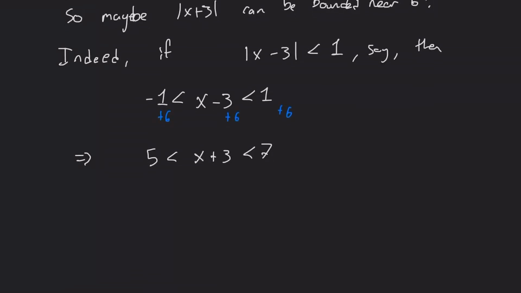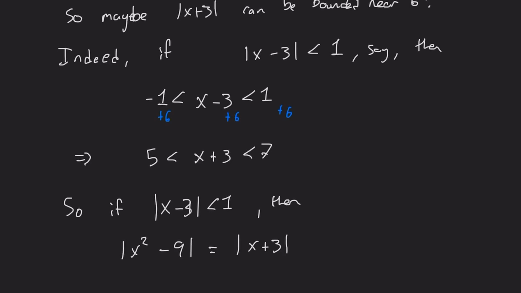And that greater than 5 is helpful because it guarantees us that we can get rid of our absolute values, actually. So, to sum up, if the absolute value of x minus 3 is less than 1, then x squared minus 9, we can factor it out. But that x plus 3 term in absolute values is just x plus 3 without the absolute values because it's greater than 5.